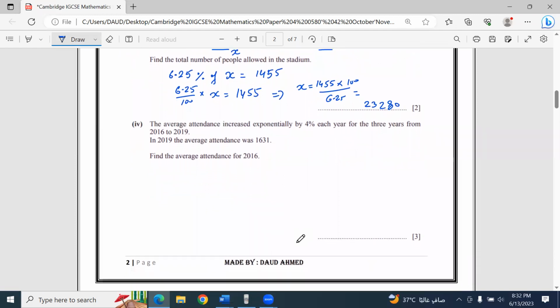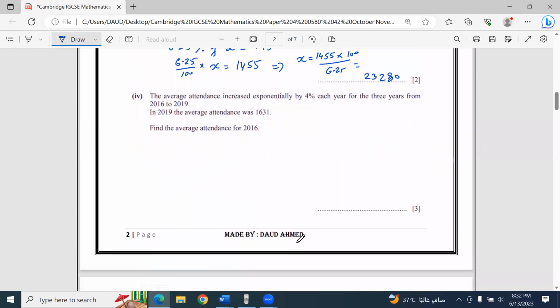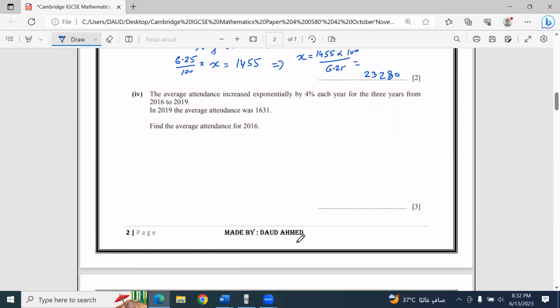The average attendance increased exponentially by 4% each year for 3 years. Remember, how many years? 3. And this is basically the rate, 4% exponentially. I will apply the compound interest concept here. The average attendance increased 4% each year for 3 years from 2016 to 2019.